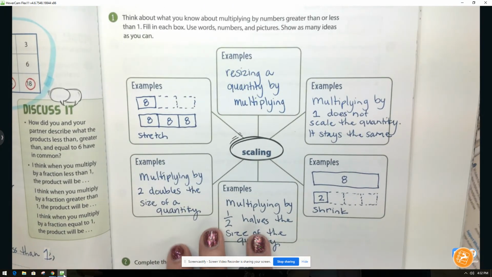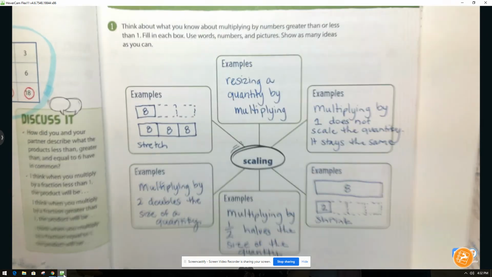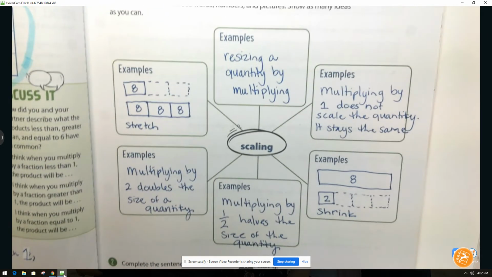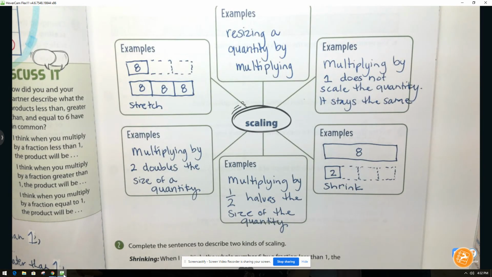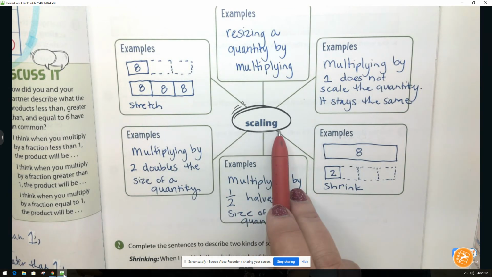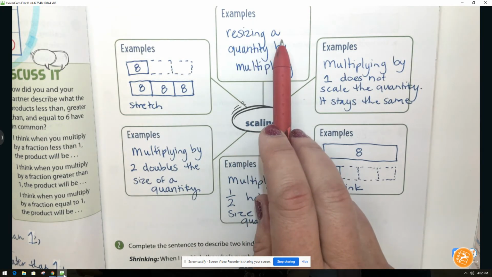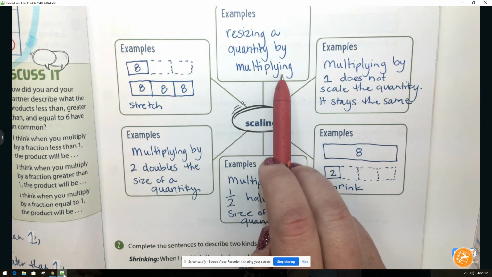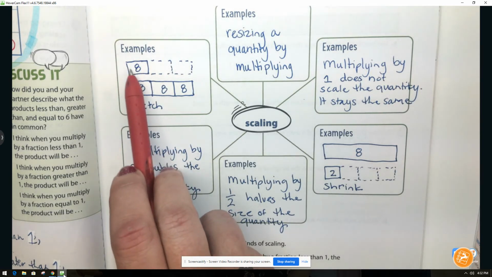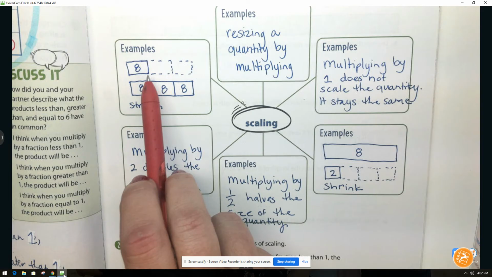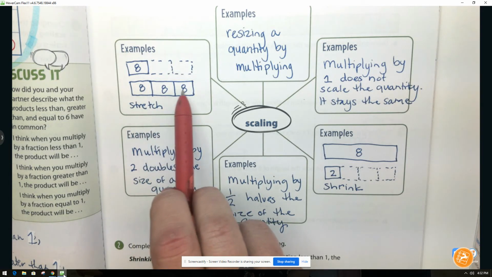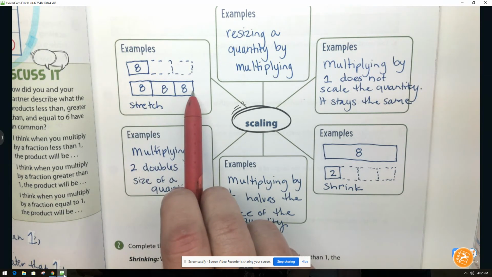All right, now we're going to look at multiplication as scaling. So we're going to look at this vocabulary word of scaling. What does scaling mean? Scaling means that we're resizing a quantity by multiplying, meaning we're starting with an amount, and then when we multiply it by a number greater than 1, we stretch it and make it longer.